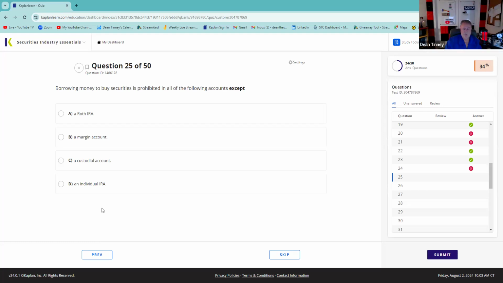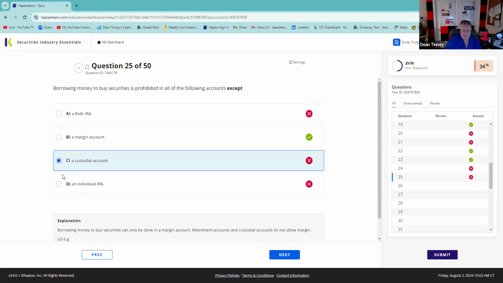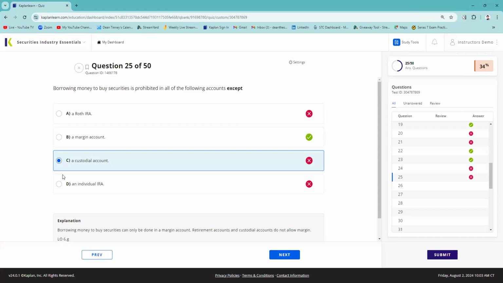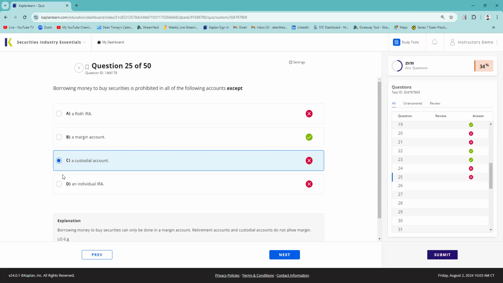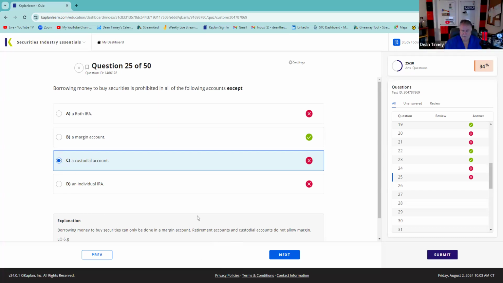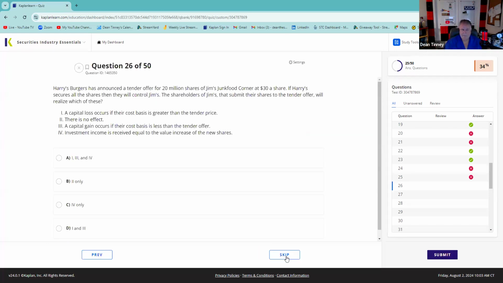You can't use margin in your kid's custodial account. No, it's a margin account. You cannot use margin. Roth retirement accounts have to be cash accounts where you pay in full. So Roth, UTMAs, IRAs, all have to be paid. Very testable. You can't use margin in a custodial account.